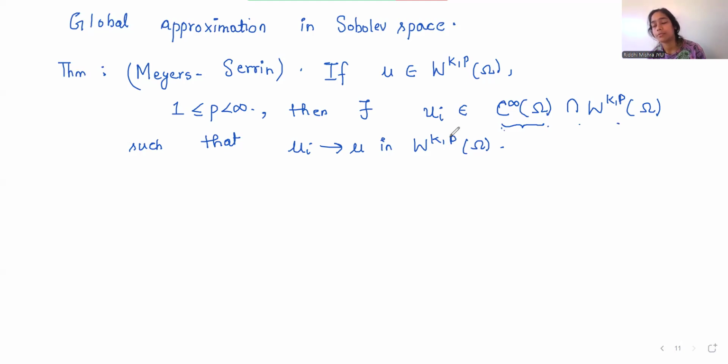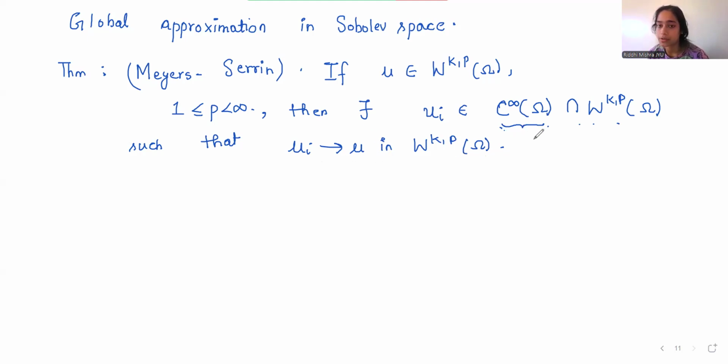So to find a global approximation, we are taking a very large set. We do not have enough choice of this function. The restriction is now the smoothness and also the Sobolev class. So you cannot take just the smooth functions and find the smooth approximation of your function in the whole space.